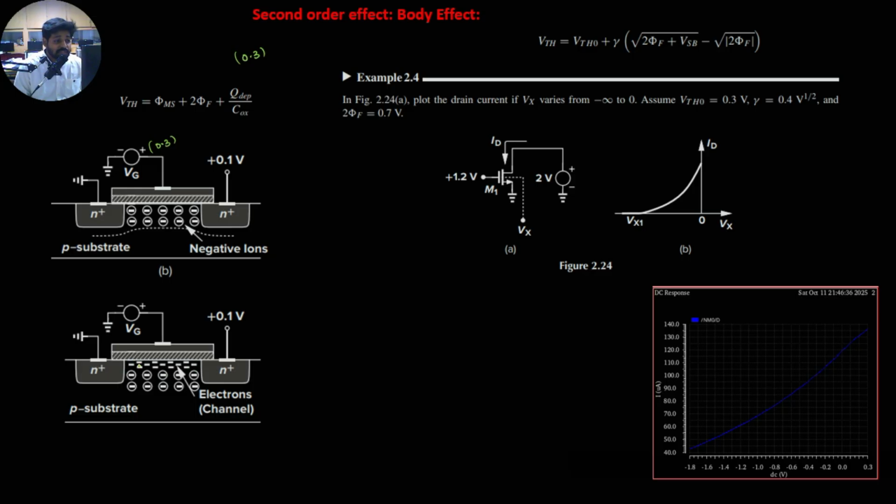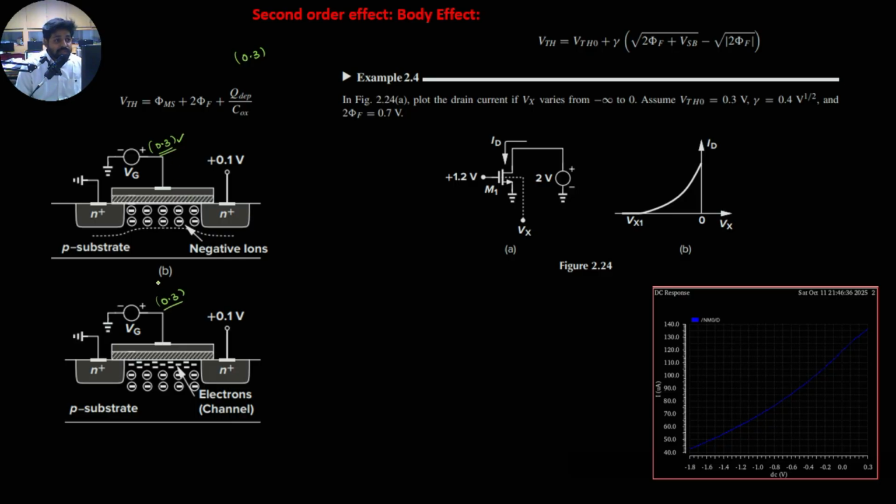This many charge carriers will be formed with the strength of 0.3. Once you give 0.3 volts, that is enough to form an inversion layer. Across the inversion layer, the electron channel will be formed. Once the channel is formed, conduction will start. So the voltage required to form a channel is considered the threshold voltage, which we treat as 0.3.